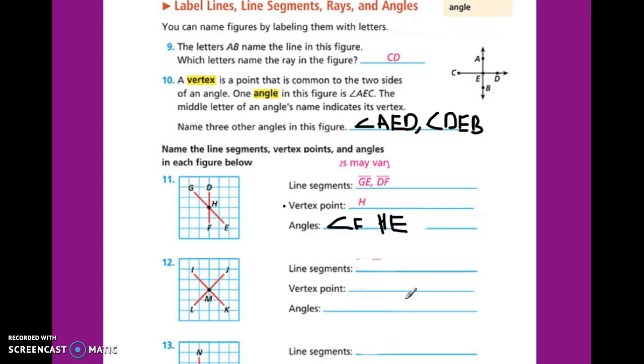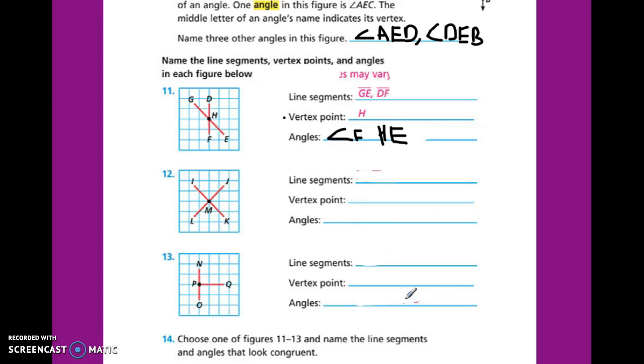All right. Let's go down here and go ahead and find a line segment for number 12. What's one example of a line segment? All right, if you said IK or LJ, right on.